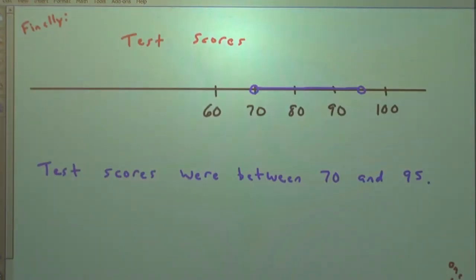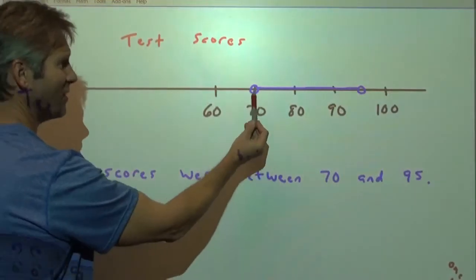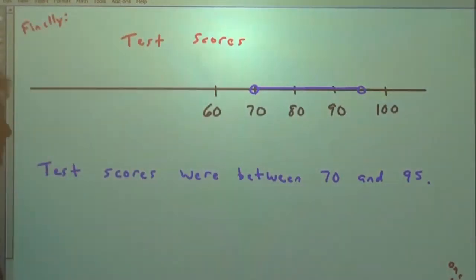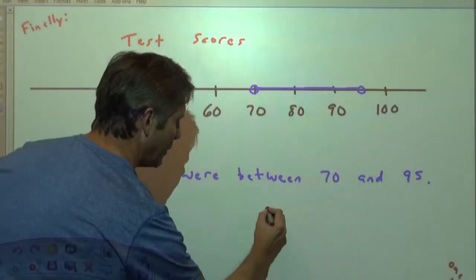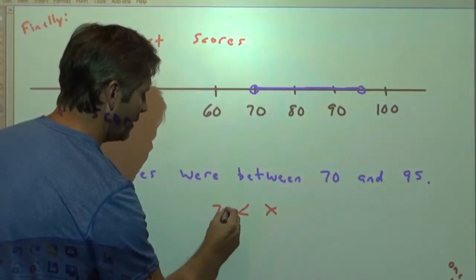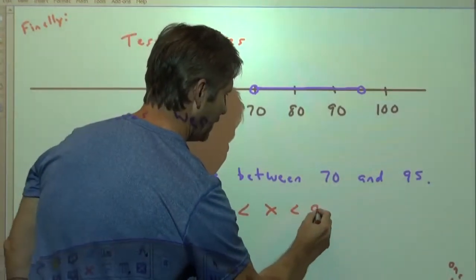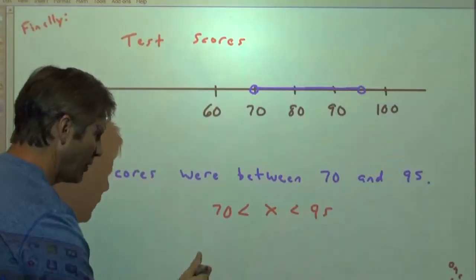All right, finally, test scores. We can see that what this implies is all the test scores are in between 70 and 95. So that's what we say, test scores were between 70 and 95. What that means is we can put our variable here, and it is between 70 and 95. So what this means, it's two statements in one.